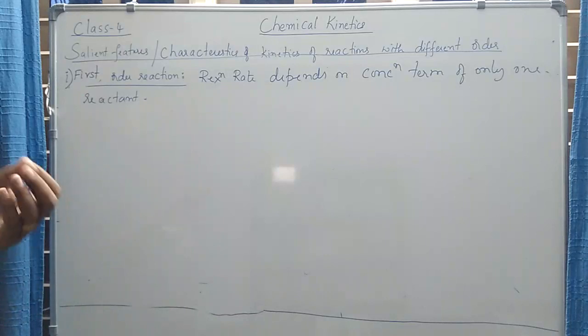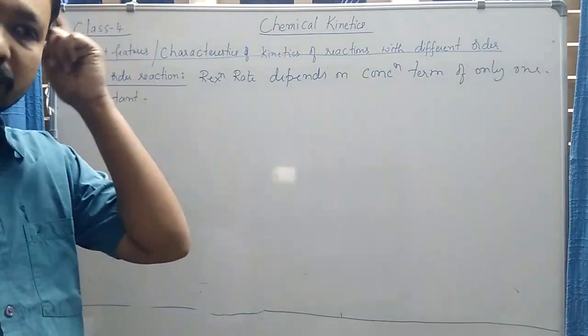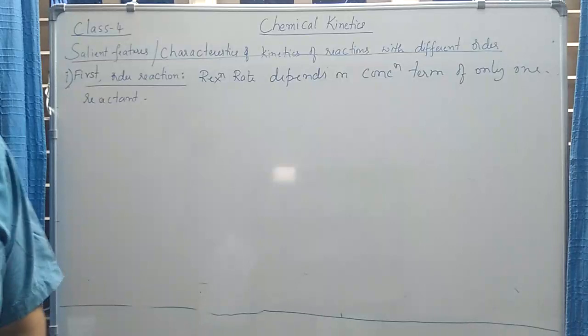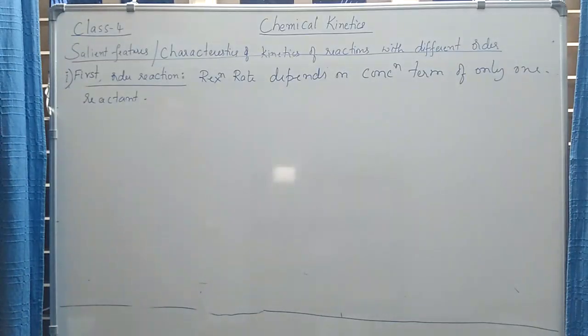So though the original reaction may contain 2 or 3 reactants, in the rate determining step, that is the slowest step, only one original reactant participates. Therefore rate depends only on the concentration of one reactant.